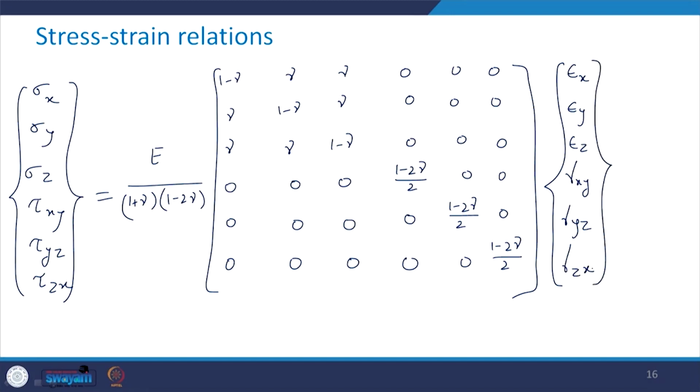So, it is one and the same thing. The equations can be written in the matrix form. Stress can be represented in the form of strains, or the strains can be represented in the form of stresses.